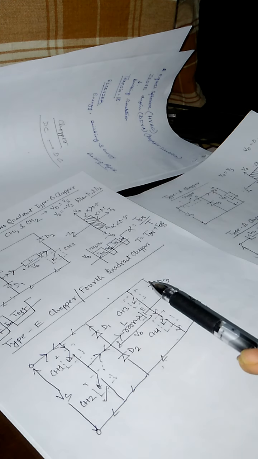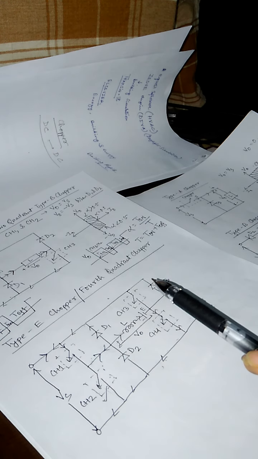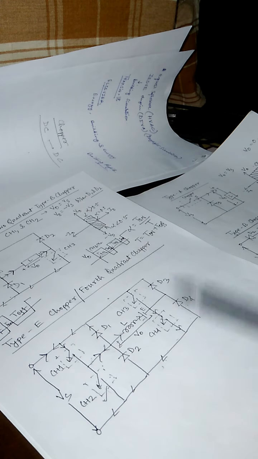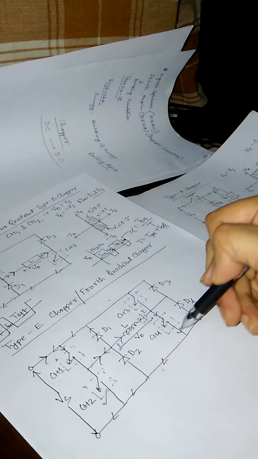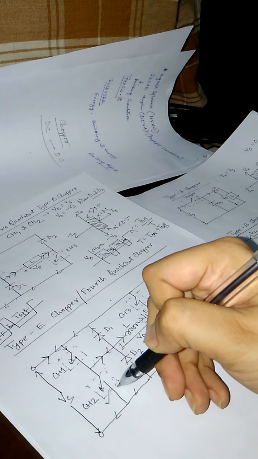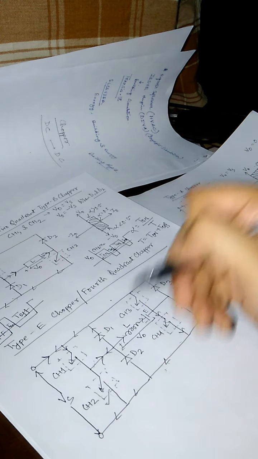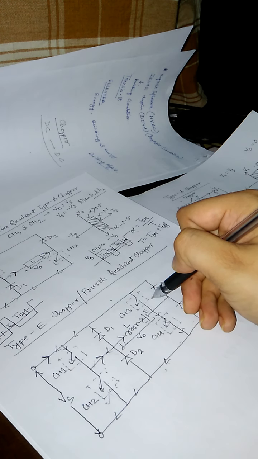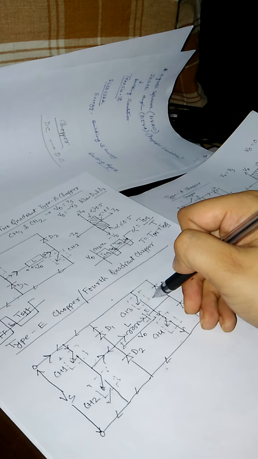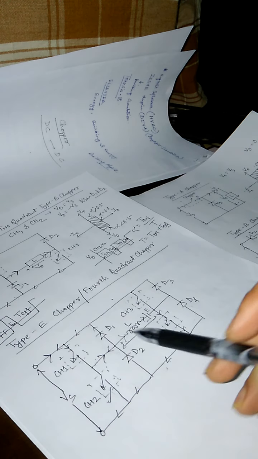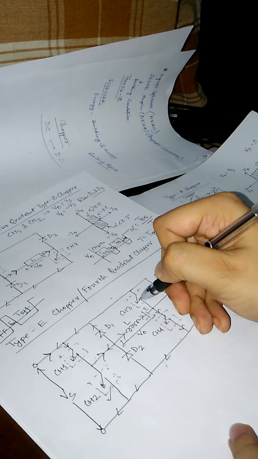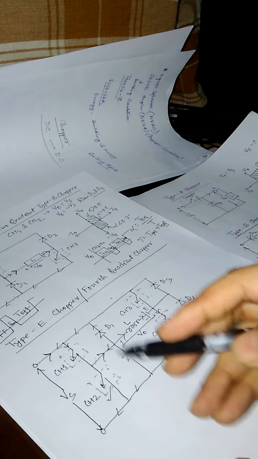Now we have to consider the third quadrant operation. Here CH1 and CH4 are off, CH2 is on and CH3 is in operating mode. So what will happen?